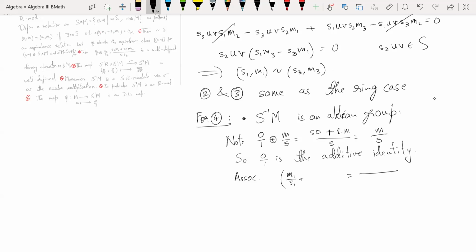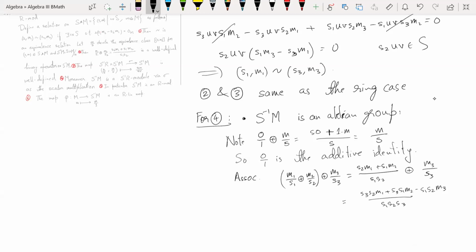M1 over S1 plus M2 over S2 plus M3 over S3 is S1 S2 S2 M1 plus S1 M2, and then you have to do M3 S3, and that is the same as S1 S2 S3 and S3 S2 M1 plus S3 S1 M2 minus S1 S2 M3.